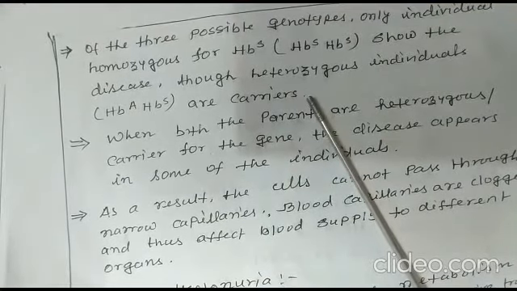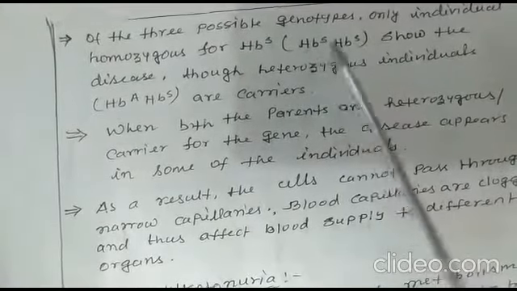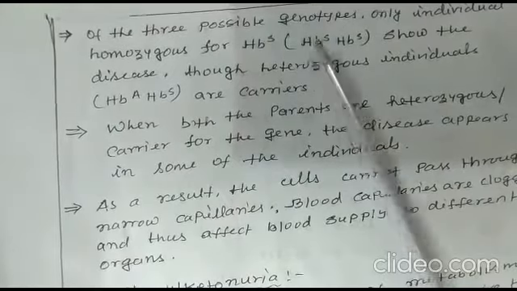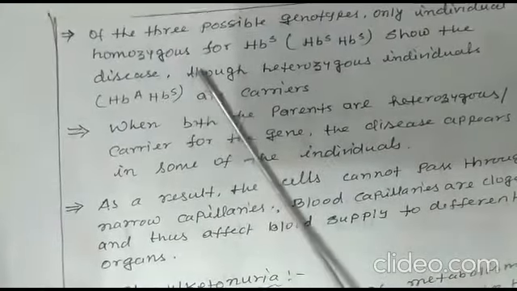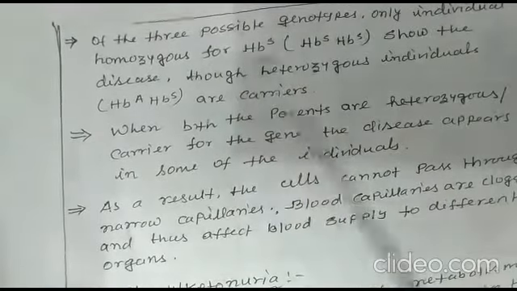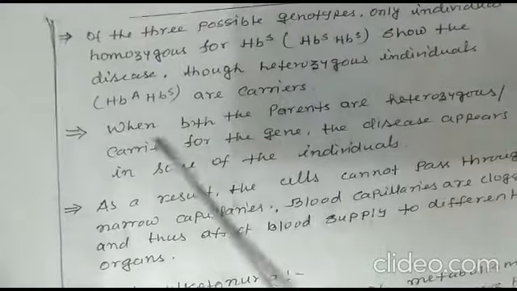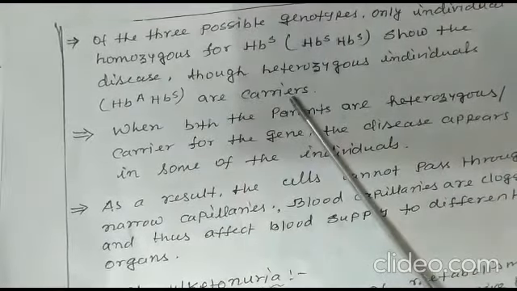There is a complete change in the RBC when the alleles are present in the homozygous form, the same HbS and HbS, and wherever there is HbA HbS, the person becomes a carrier.